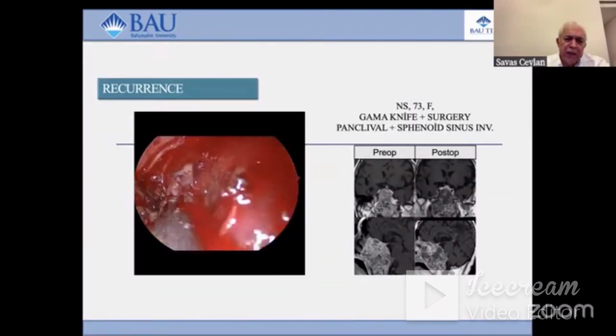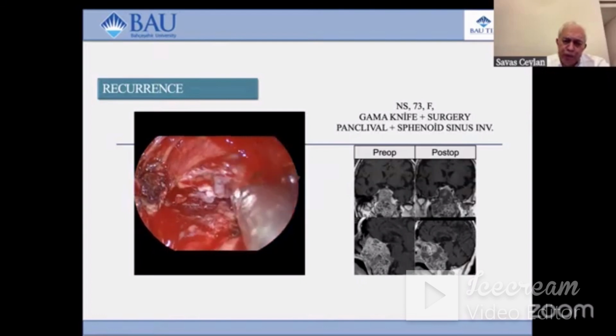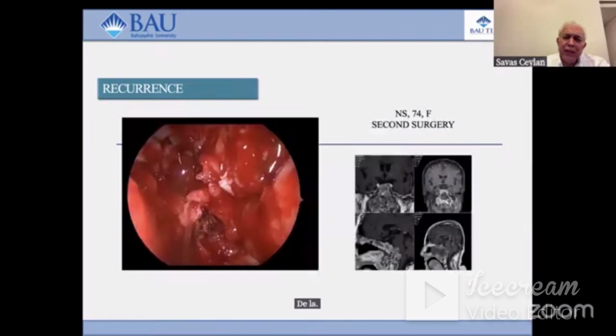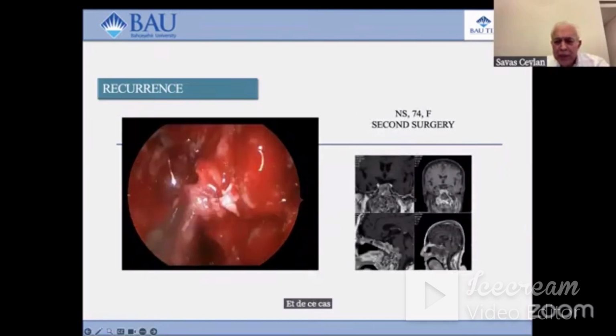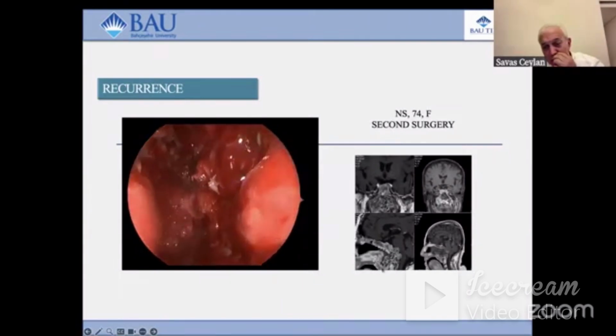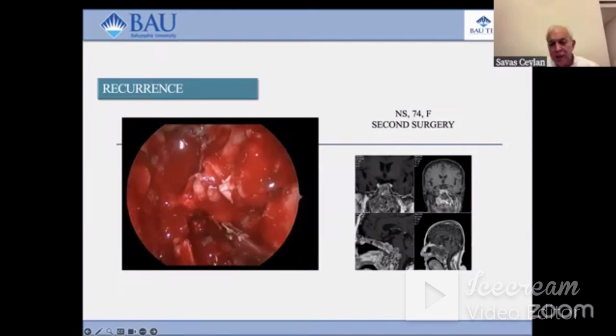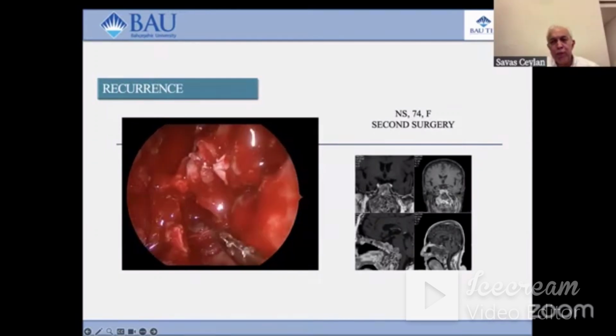In recurrent cases, the endoscopic approach can be used very easily. In this case, in the second surgery, the tumor involving the lower clivus was removed totally with an extended endoscopic approach.